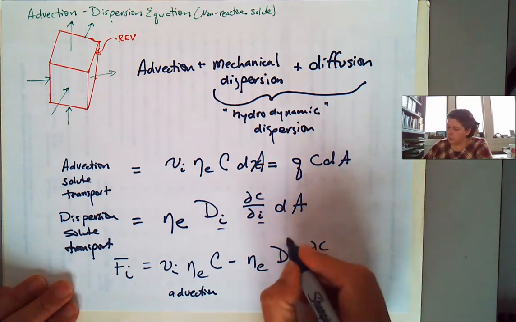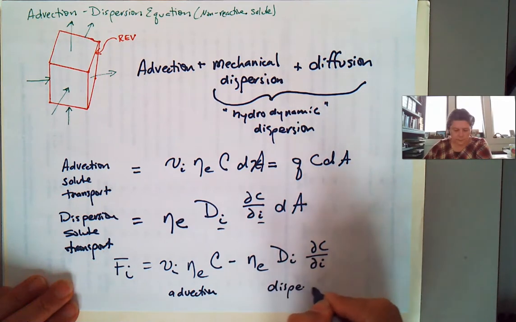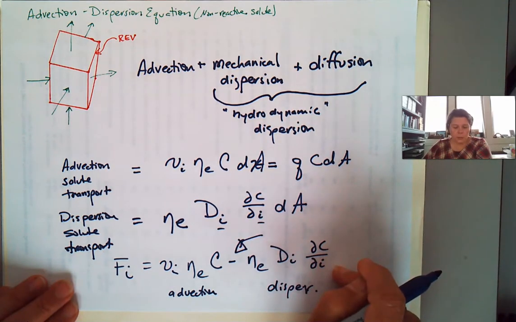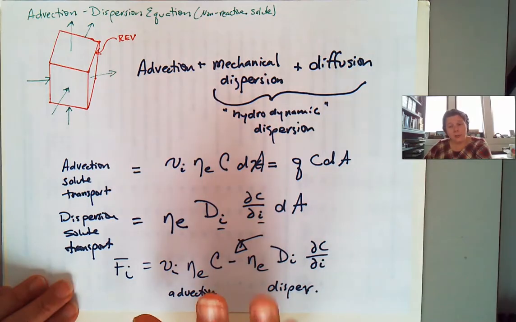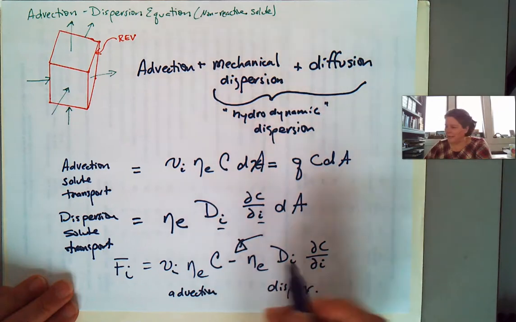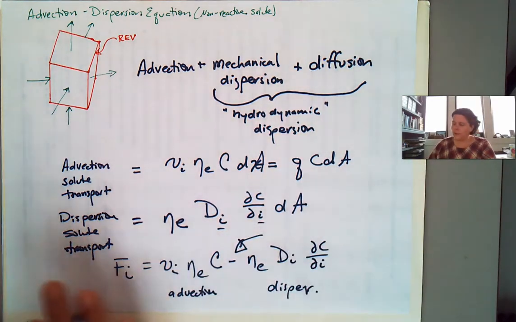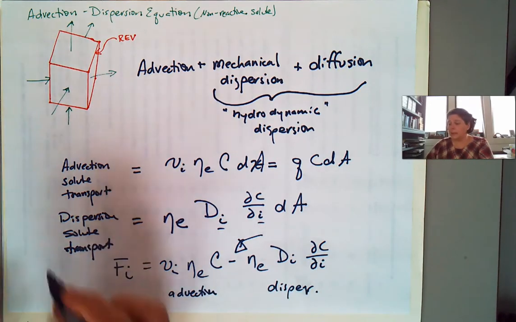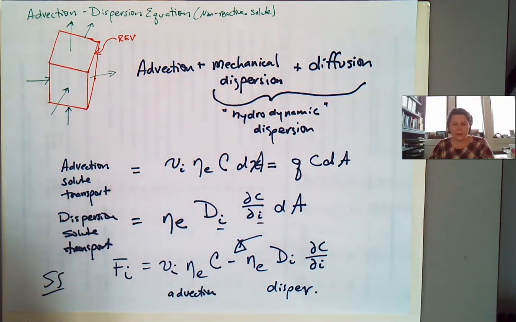This is our dispersion part of it. This negative sign indicates that dispersion is from an area of high concentration to an area of low concentration. If it was plus, it would go the opposite, which doesn't make any sense. This is for steady state conditions, the continuous flow that happens into there.